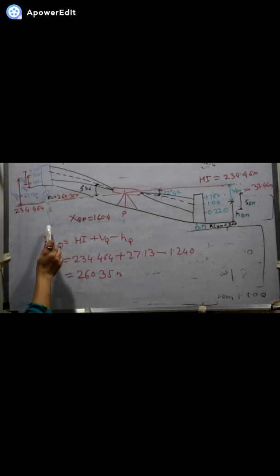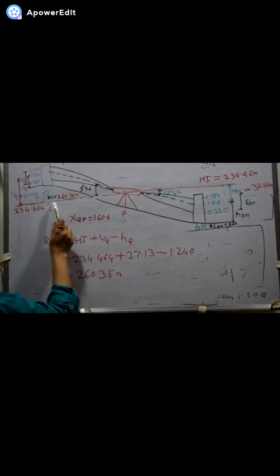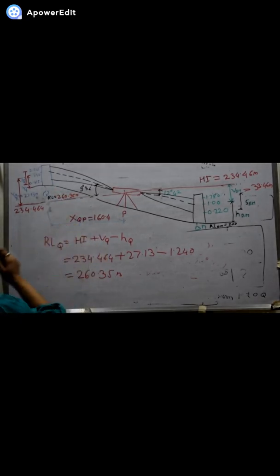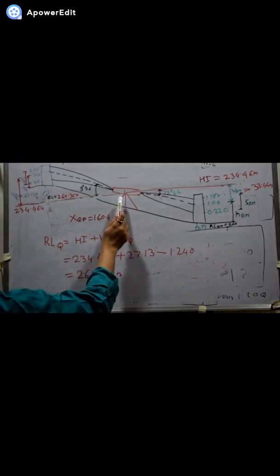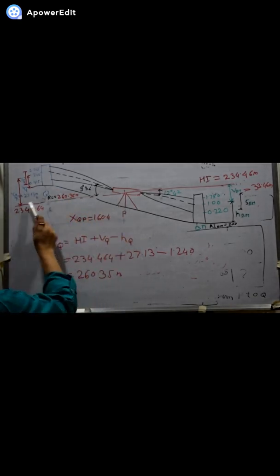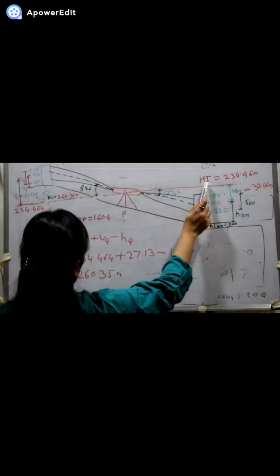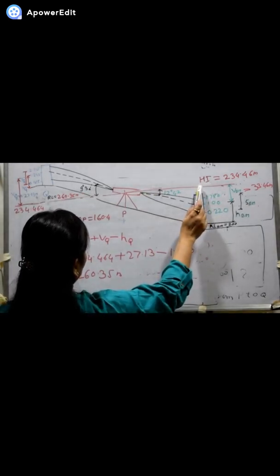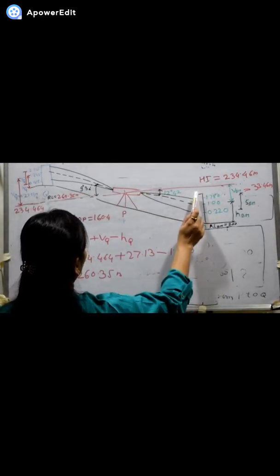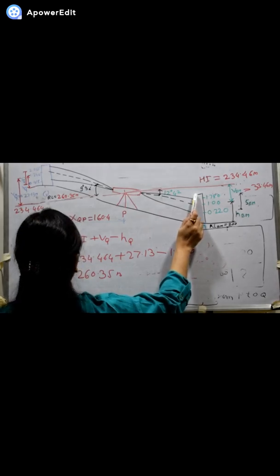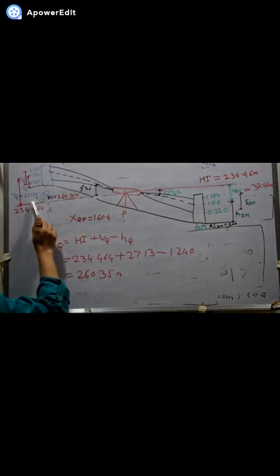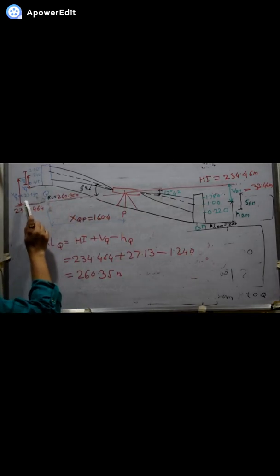With this, we have completed this numerical. We have found the horizontal distance and we have found the RL of Q. Whenever such a problem comes where there is an angle of elevation and depression, you first draw the tachometer, draw the horizontal height of the instrument, then the staff is kept below the horizontal height of the instrument, and in this case the elevation of the ground must be above the horizontal instrument.